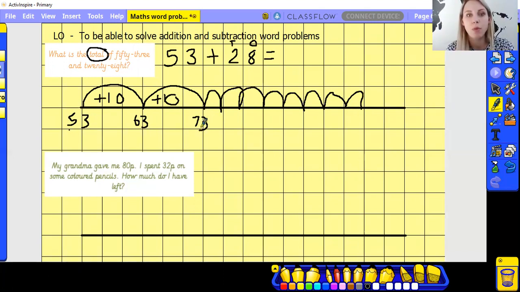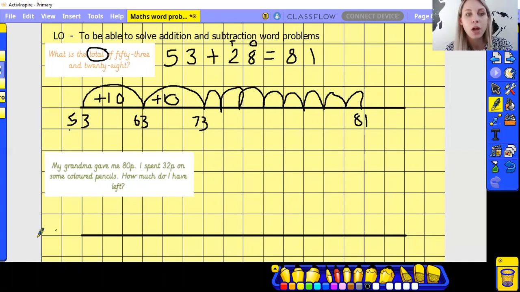And now we're just counting up in ones. 73, 74, 75, 76, 77, 78, 79, 80, 81. And I always write my end number down because when I come back to check my calculation, I like to be able to see. And I like to go back and just count again sometimes just to be sure.